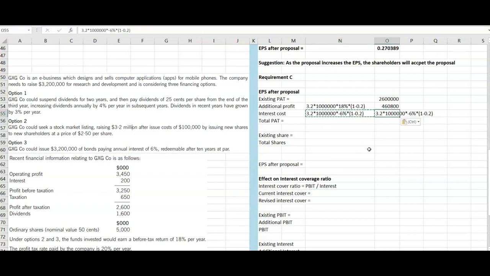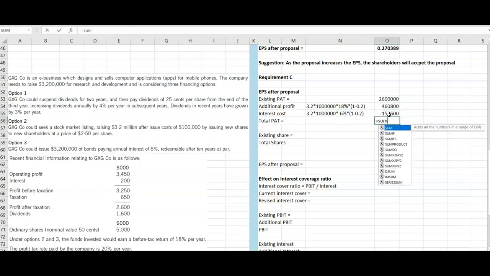So now we'll copy it. So the total PAT will be like this. We'll take the sum of these numbers, close the bracket, and we'll have it. So this is the PAT. So the existing PAT, the additional profit made by the company after tax, and the interest cost, which is after tax. So finally we got our PAT.